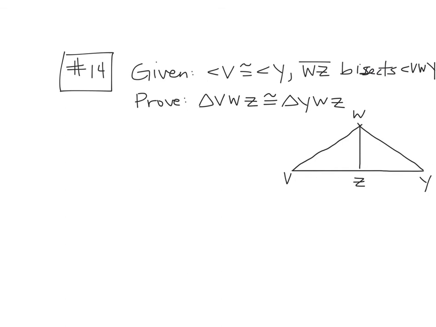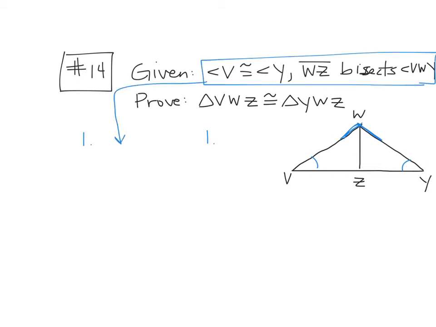All right, number 14 on the second lesson. Given that V is congruent to Y, so mark that as you know it, V congruent to Y, and WZ bisects angle VWY. So angle VWY is this angle. They're saying that's getting bisected, okay? So step 1, take that information, plop it here, call it given.